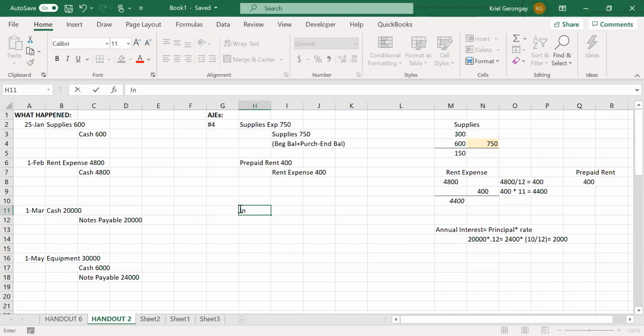So for our adjusting journal entry, it's going to be interest expense 2,000. And since we haven't paid this yet, it's going to be interest payable 2,000.